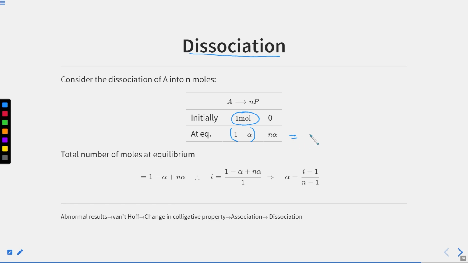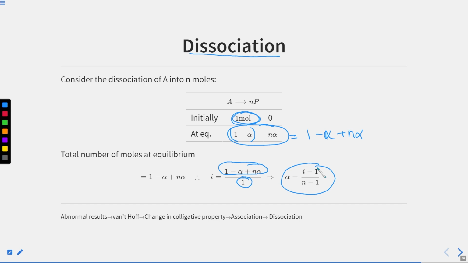How? We will add all these. 1 minus alpha plus N alpha. Right? Now again, the number of particles after dissociation by number of particles before dissociation. Before dissociation, we have only 1 mole. After dissociation, we have the sum of all these terms. So we will get it finally as alpha is equal to I minus 1 by N minus 1.